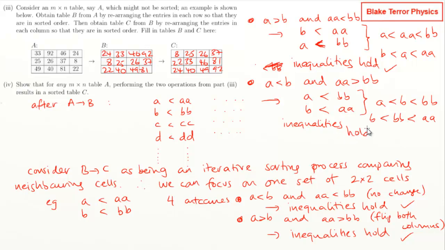So that's quite a lot, but anyway, we're wrapping this up with a therefore: we can repeat these steps for each column to complete B to C.